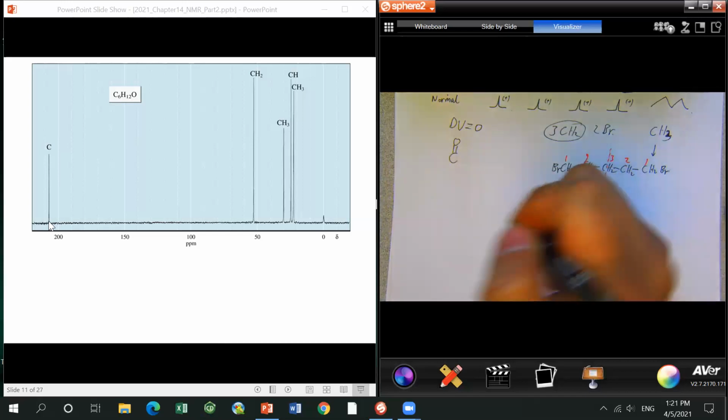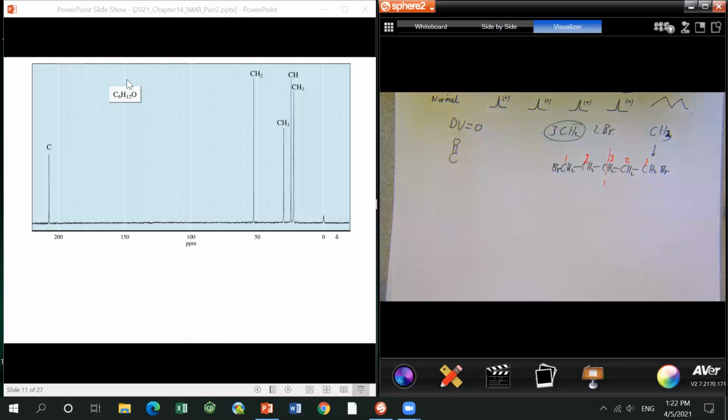Once you know it's a carbonyl group, first check how many oxygens or other heteroatoms are in the formula. If 2 oxygens, probably an ester or carboxylic acid. If only 1 oxygen, like this case, it has to be a ketone or aldehyde. All other carbonyl compounds have more than 1 oxygen or other heteroatom. Here we have a quaternary carbon, meaning no hydrogen attached.